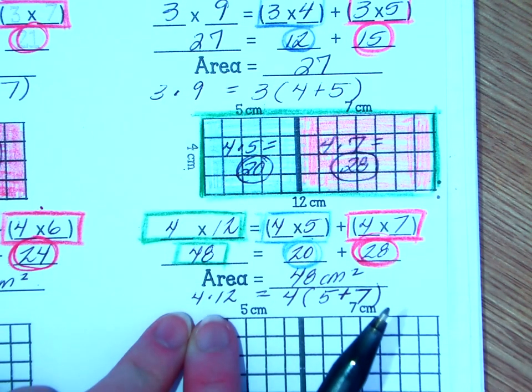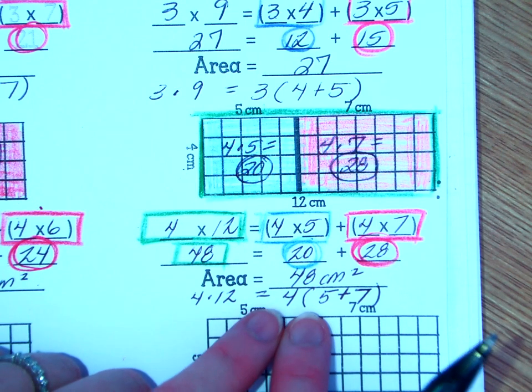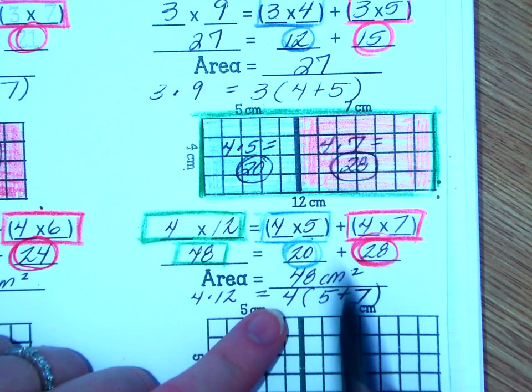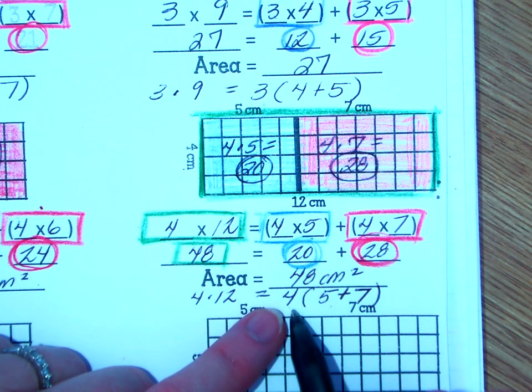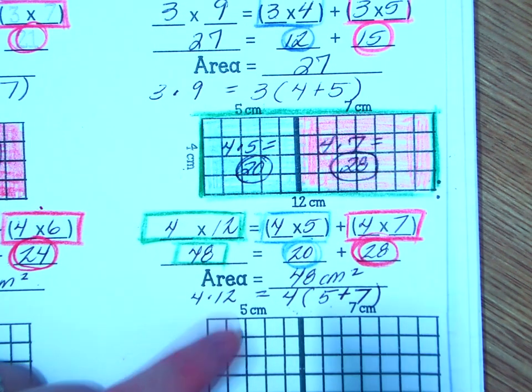So here we've got 4 times 12, which is 48. Or, also equivalent, is 4 times the sum of 5 plus 7. We just did 4 times the sum of 5 plus 7 because we did 4 times 5. We did 4 times 7. These are equivalent expressions.